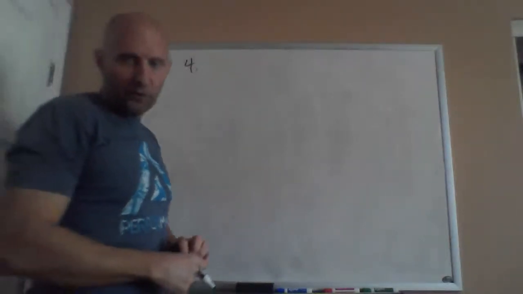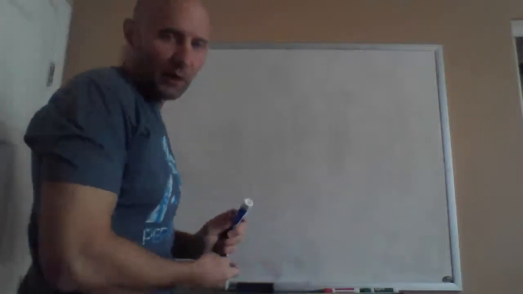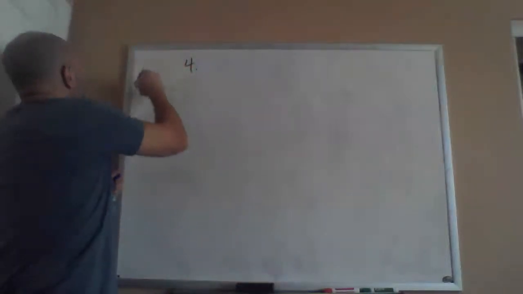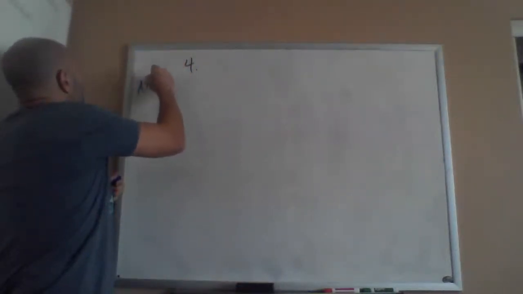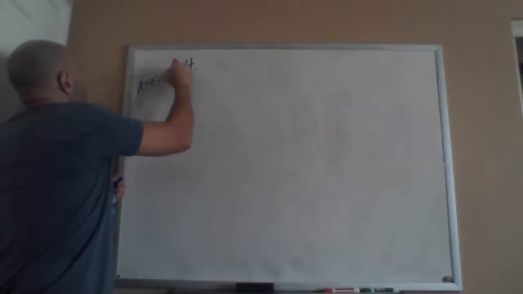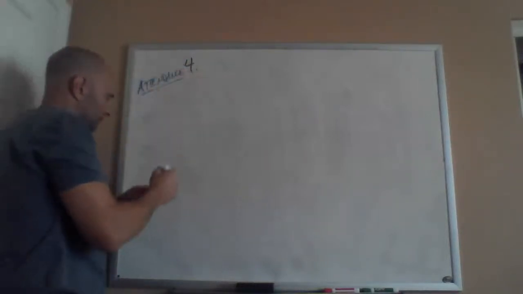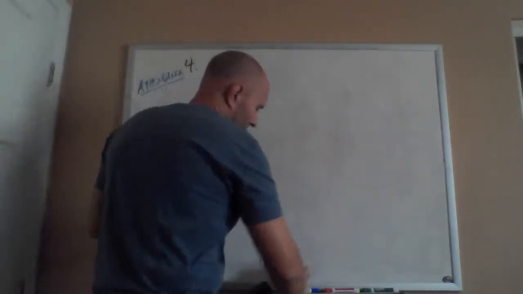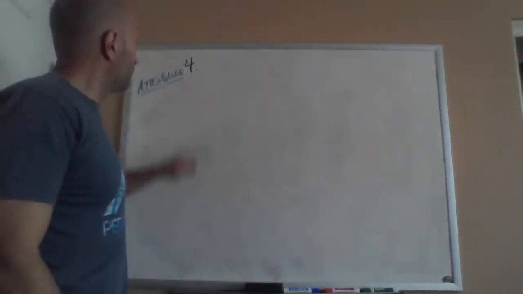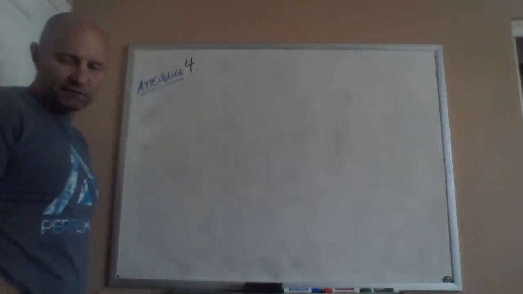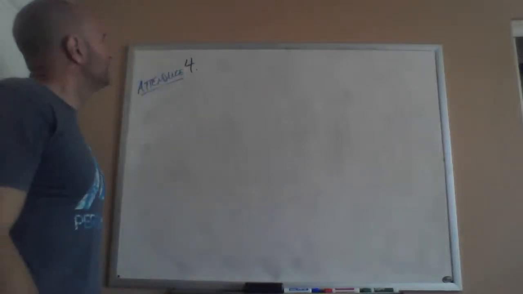So number 4 is going to be the attendance problem today. So again, if you can put this problem in your take it out the door notebook for today's date, 4/9, that's this problem here.